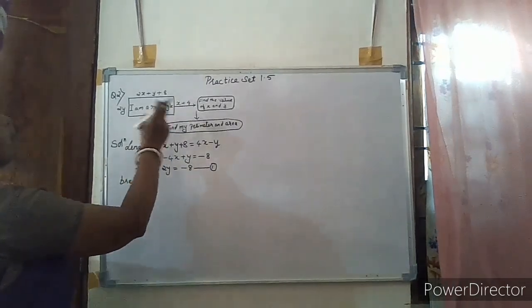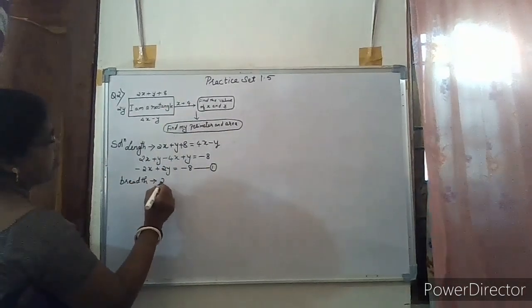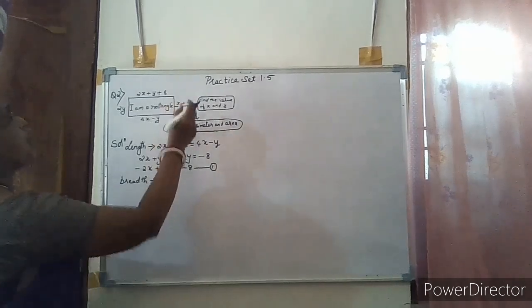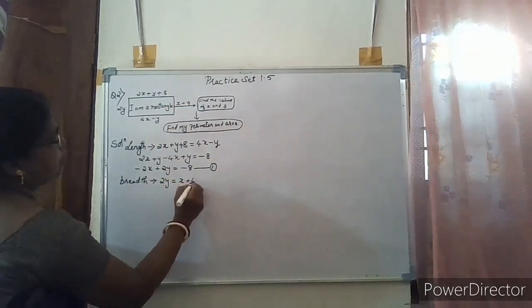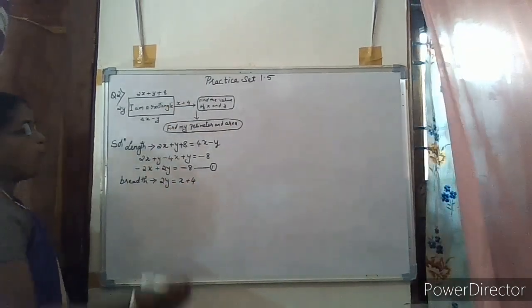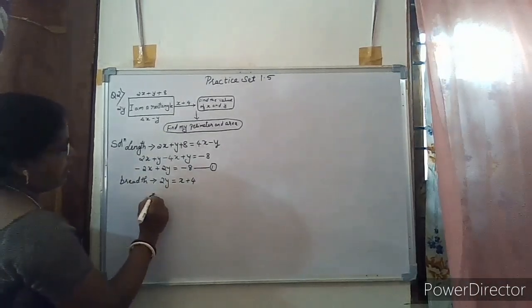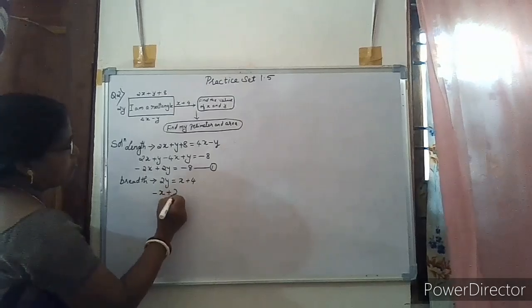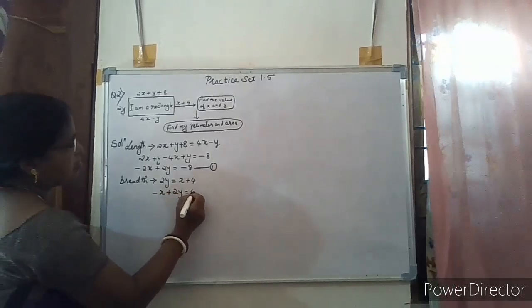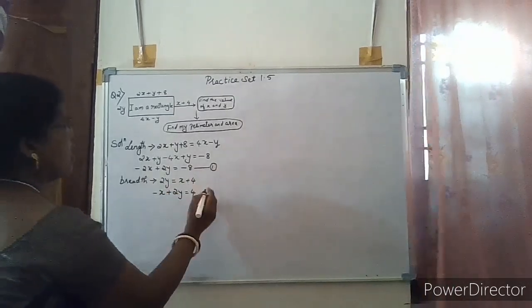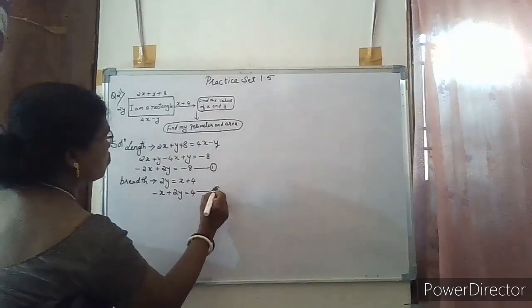You can see this breadth is equal to this breadth, that is, 2y is equal to x plus 4. Form it into a linear equation. So x I will bring to this side. It is minus x plus 2y equal to 4 in this form. This forms equation 2.